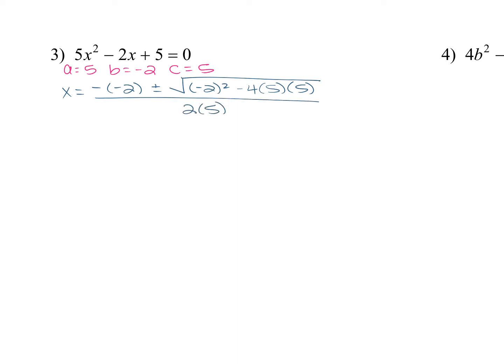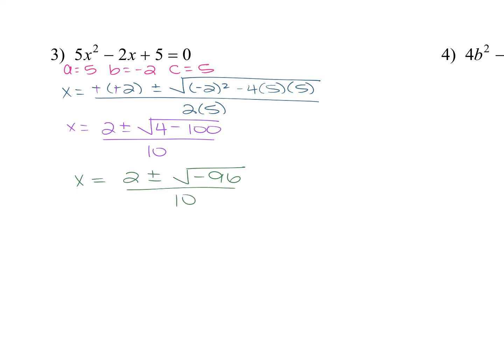So this simplifies to give you 2 plus or minus the square root of 4 minus 5 times 4 is 20 times 5 is 100, all over 10. Your 4 minus 100 is negative 96. So that's x is equal to 2 plus or minus the square root of negative 96 all over 10.